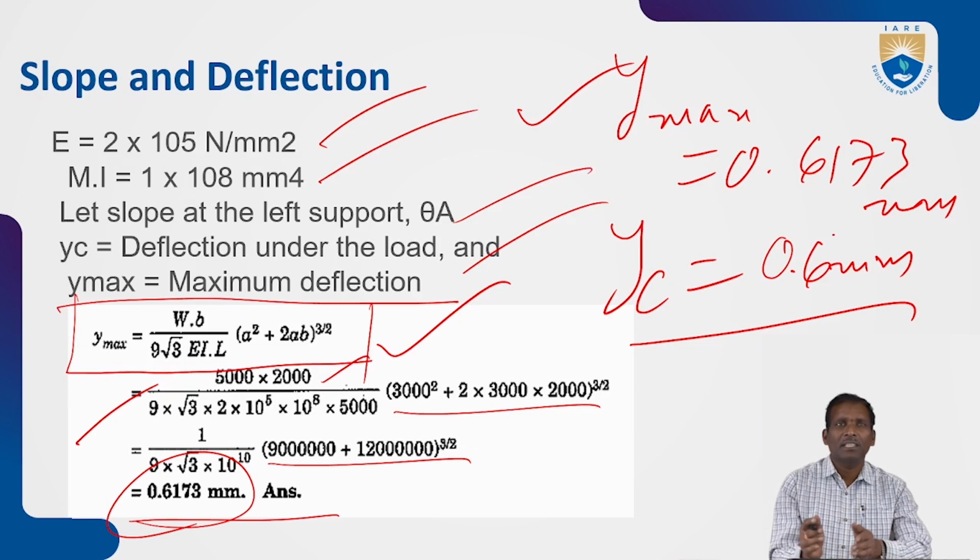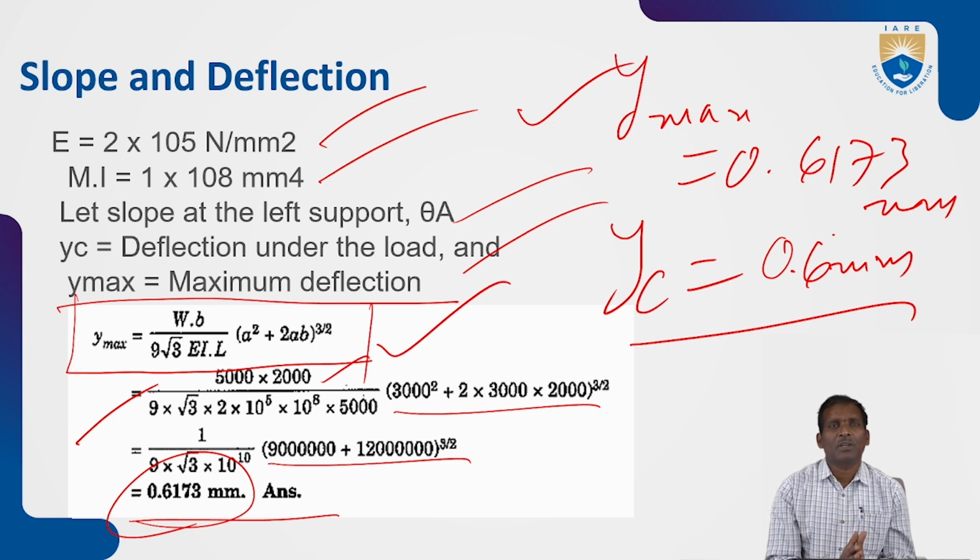So like this we need to attempt the deflection of beams questions in the examination. Here I have taken only a simply supported beam, but other beams are also there. So calculate slope and deflection. Take more questions from the question bank and do those problems in the same manner. Apply the formulas and verify your solutions. Clear?